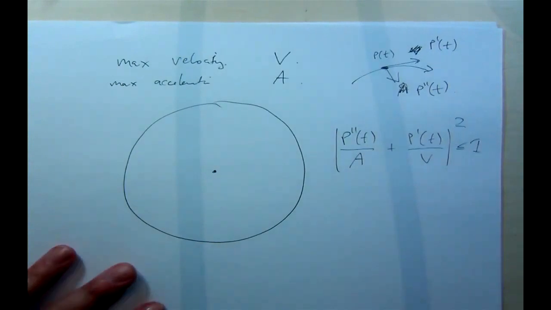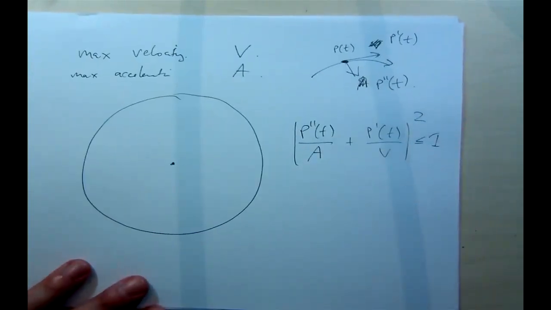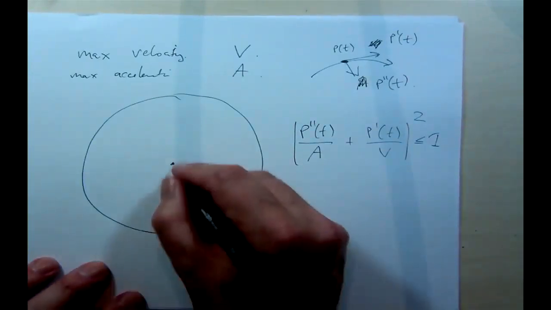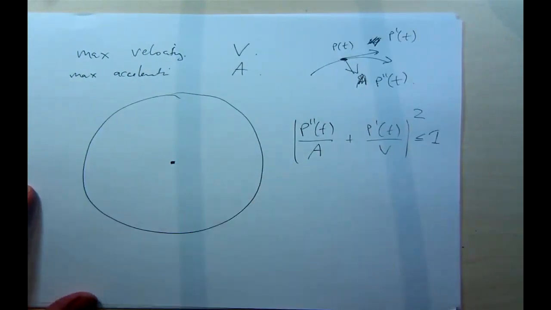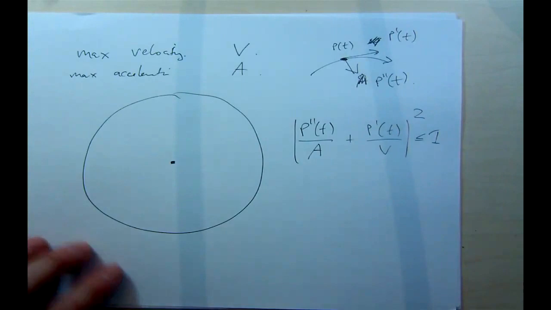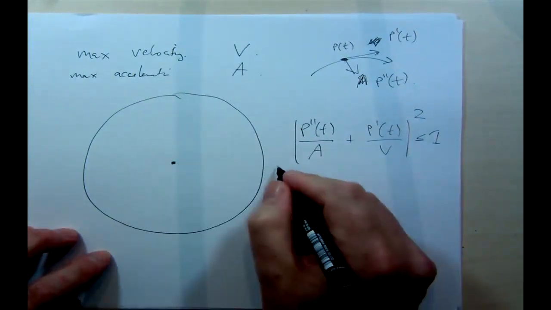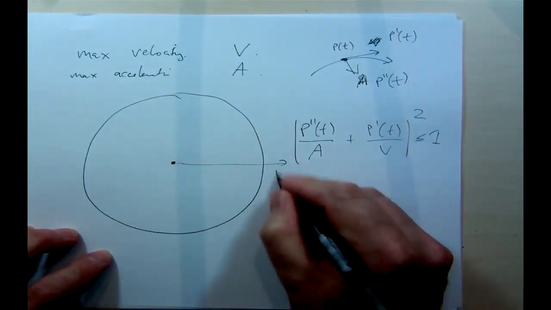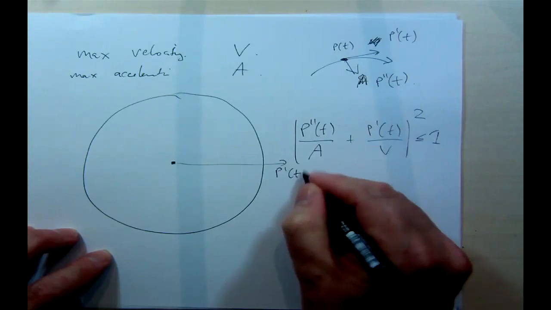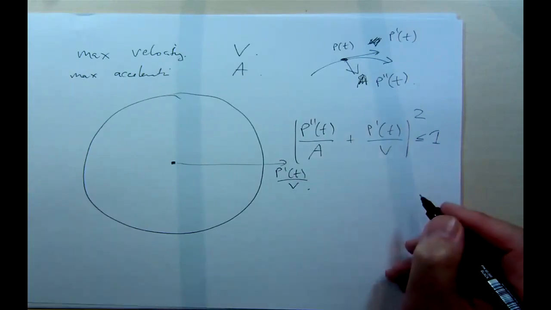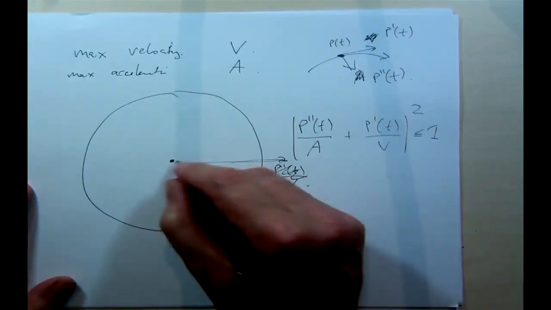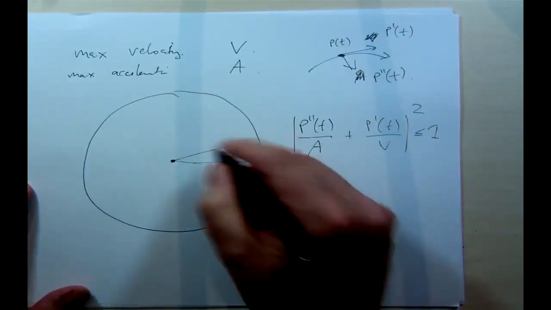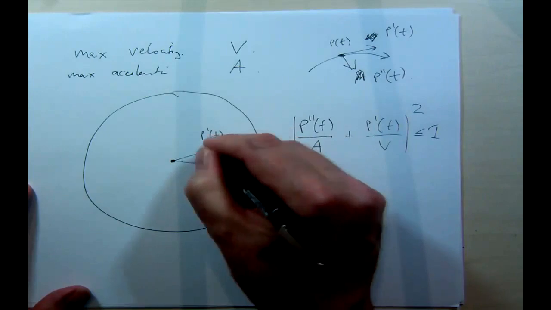Okay, now where does this equation come from? Well, remember these are vectors, so here's a diagram. This vector here is p prime of t over v.